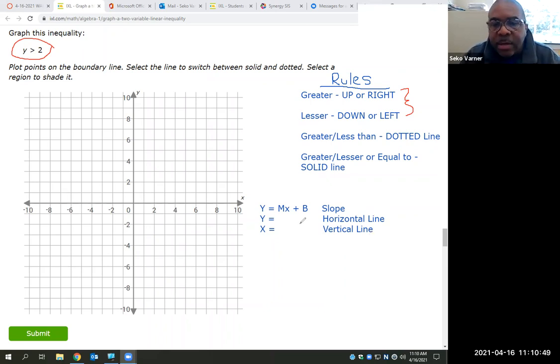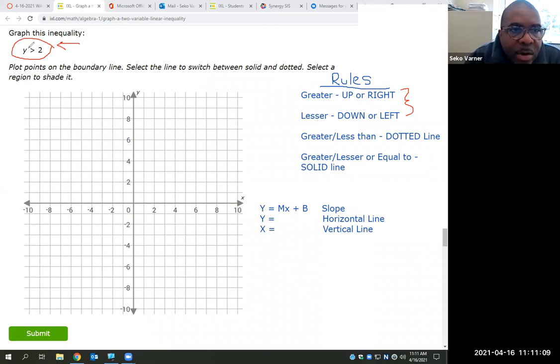It's the same thing with this. It says y is greater than 2, which is the same thing as y equals 2, the way we're going to approach it. With y equals, you just make a horizontal line on whatever the number is.